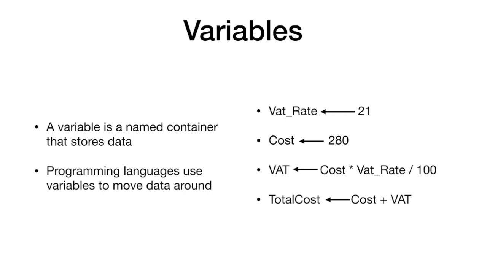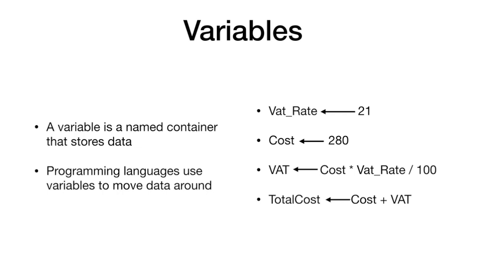So that's kind of the algorithm there for working out the total cost of something. Now, the way that would be expressed in the particular language that we're using would vary from language to language. But the idea of variables is common to all programming languages really.